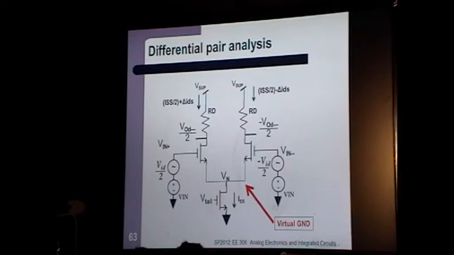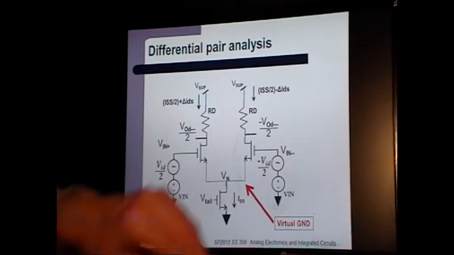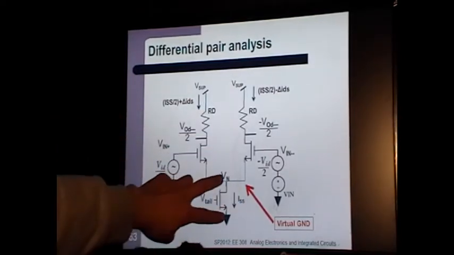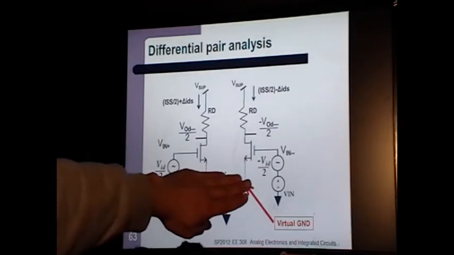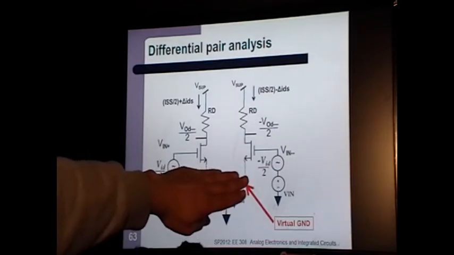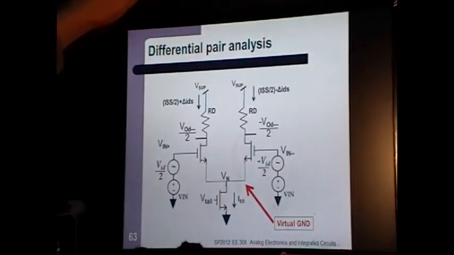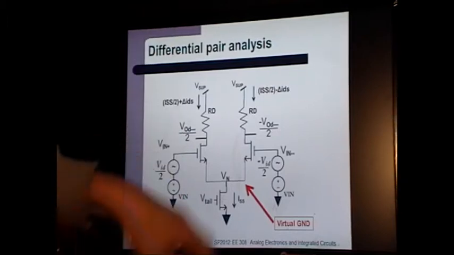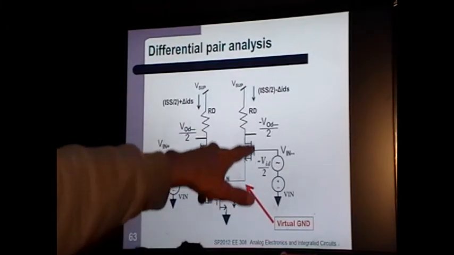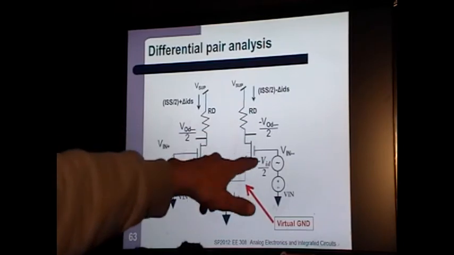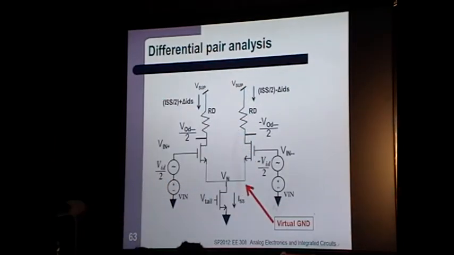Okay, you say, well, hey, why would I want to use this? A common emitter is simple. One transistor, one resistor, and you're done. This has 3 transistors and 2 resistors. This is very handy because, in general, if you bias your input a little bit off, you're just fine.